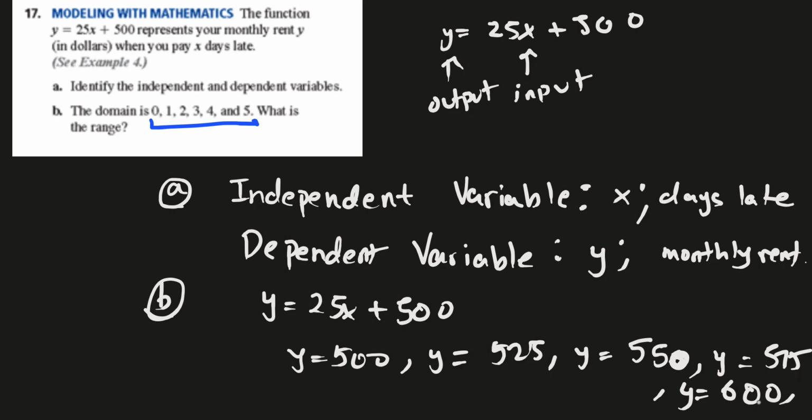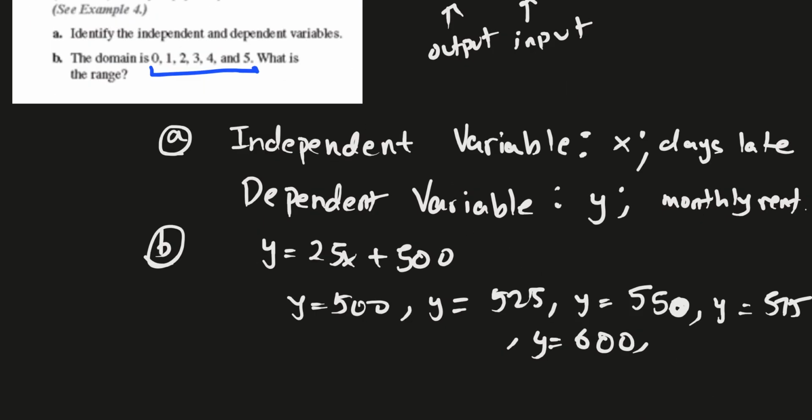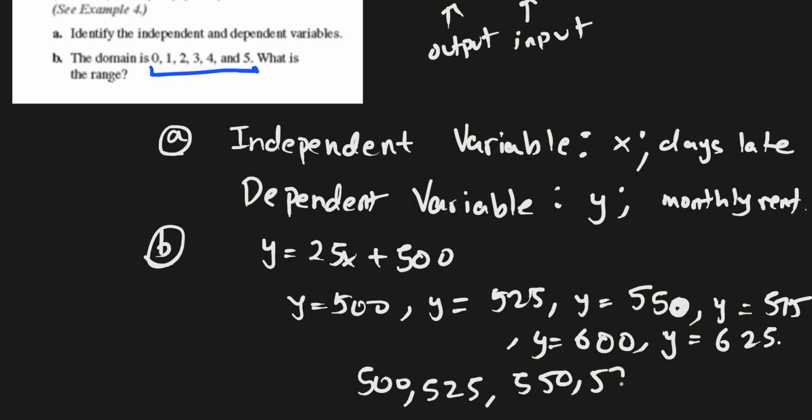So y equals 625. So the range values end up being 500, 525, 550, 575, 600, 625. So these are the range.